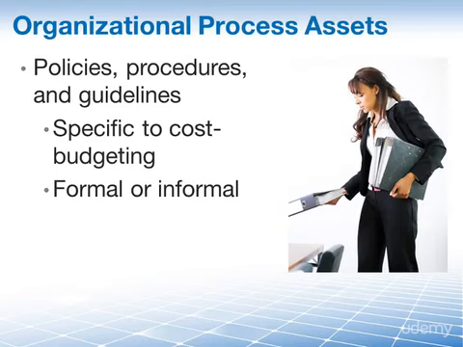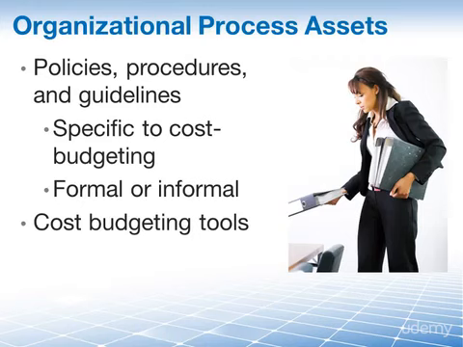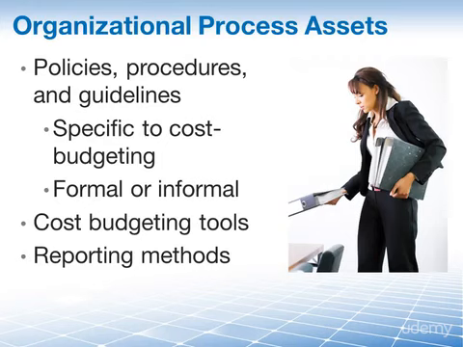Other organizational process assets to consider are the cost budgeting tools. Some companies may have expensive financial packages for cost budgeting, but many use just simple spreadsheet applications for this purpose. And there are also reporting methods. Your organization may specify reporting formats and have requirements around when and how and to whom a budget has to be provided.